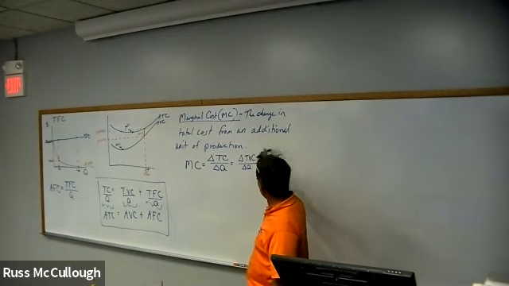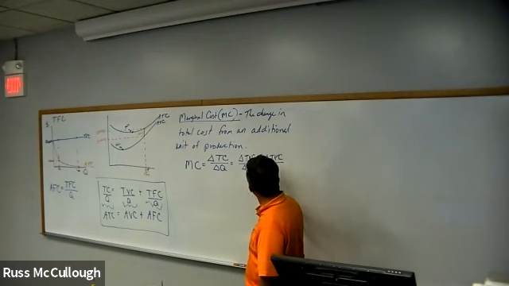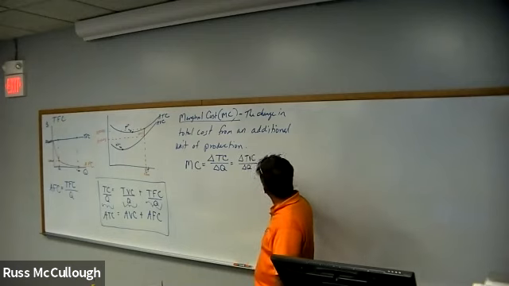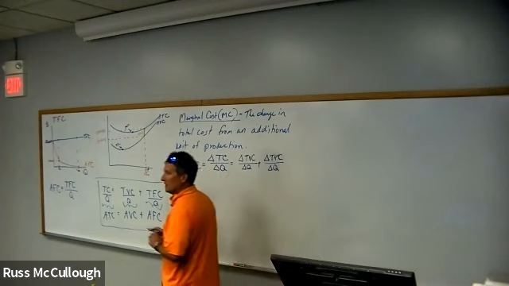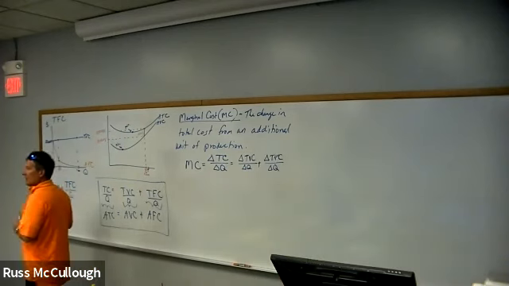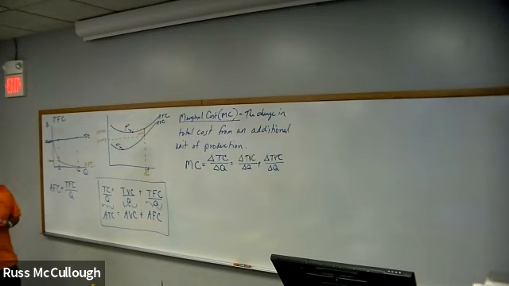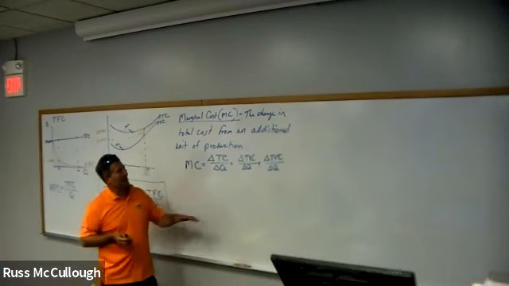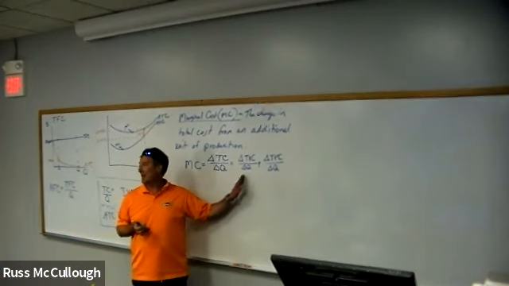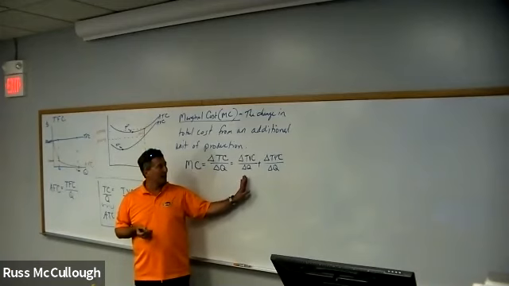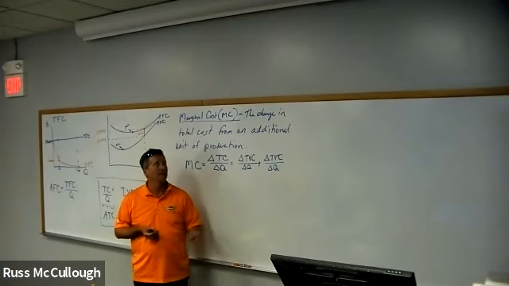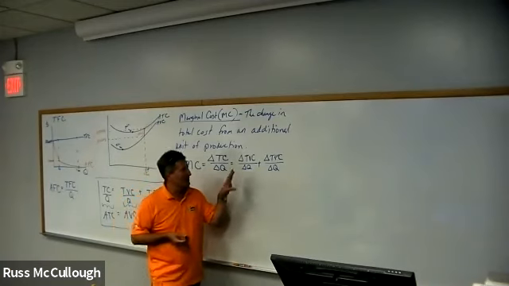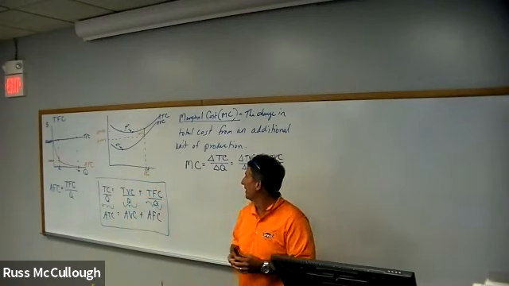But this can be simplified. This plus this can be simplified. Anybody see what we can do? We can always add things, but we're trying to make it less. We could factor out the Q, but that's not really helping us that much. We can factor out the delta Q. There's a better simplification we can do here.